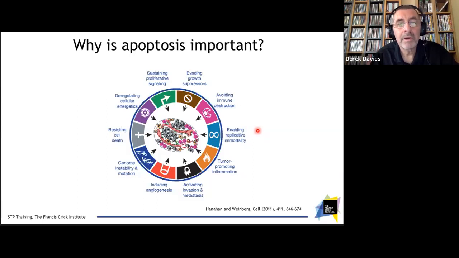And if you want to become a successful cancer cell, one thing you want to do is be able to replicate out of control. But it's not just growing out of control, you also need to be able to resist cell death. If you fell over at the first hurdle, you wouldn't be a successful cancer cell. So it's both sides of those coins. It's being able to proliferate and it's being able to avoid cell death.